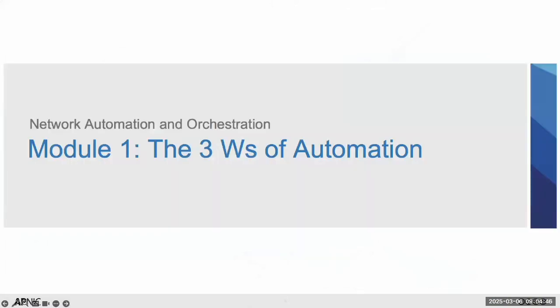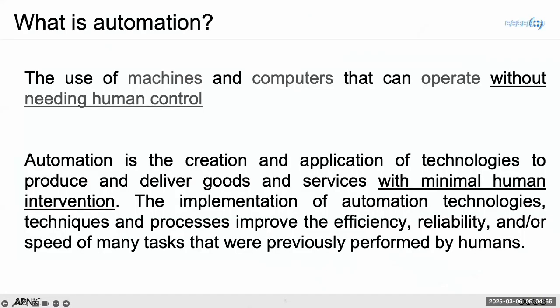The first thing is, what are the three W's for automation? Automation is the use of machines or computers that can operate without the need of human control.